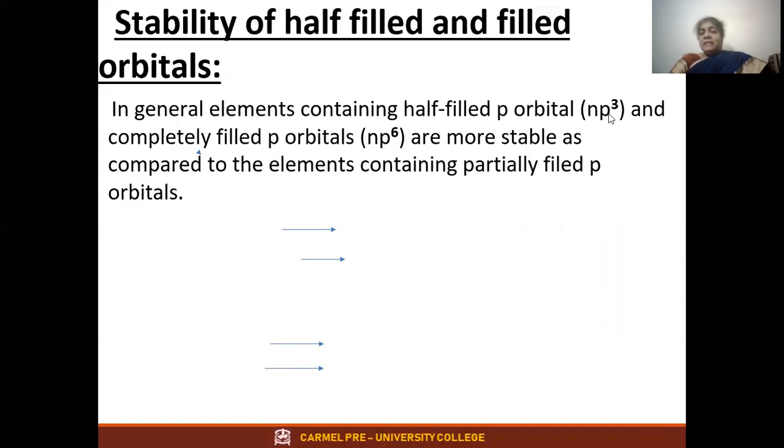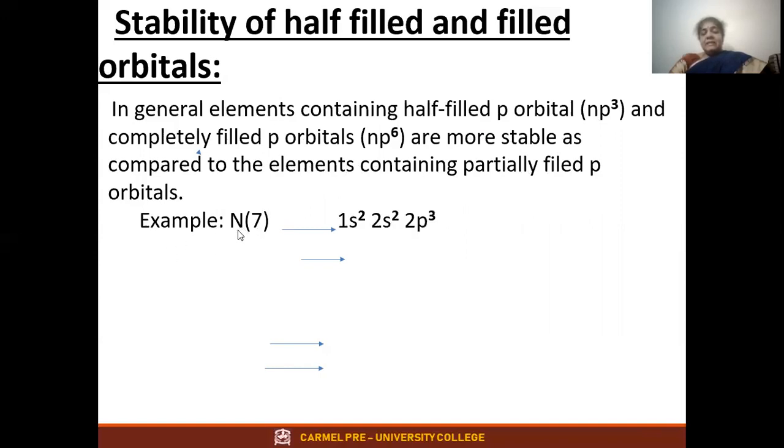If there are 3 electrons in the p orbital, it is half filled, since half of 6 is 3. If the p orbital has 6 electrons, then it is completely filled. So half-filled p orbitals and completely filled p orbitals are more stable as compared to partially filled p orbitals. This you can understand with an example.